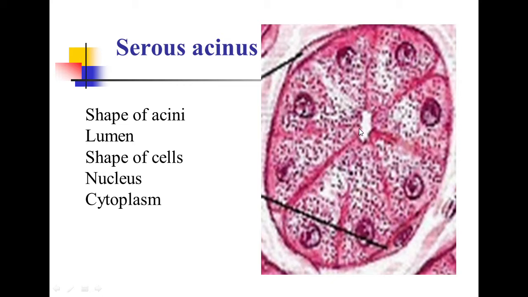So in the serous acinus, the cells are pyramidal in shape, the nucleus is rounded, centrally placed, there is apical eosinophilia, basal basophilia, and the cells are darkly stained.